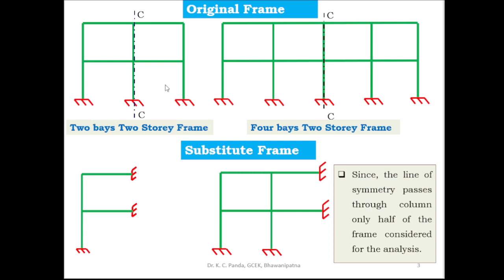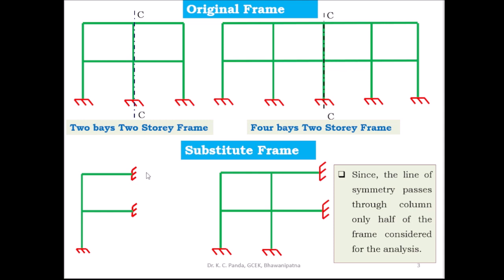When the line of axis passes through the column, you can substitute the original frame by taking the fixed end at the mid column of the frame. So here you have to apply the fixed end, and here you have to apply the fixed end, and you have to analyze the substituted frame.